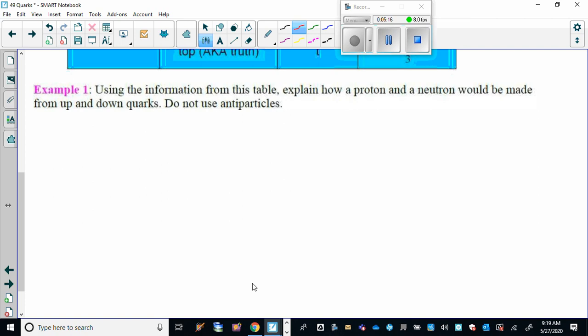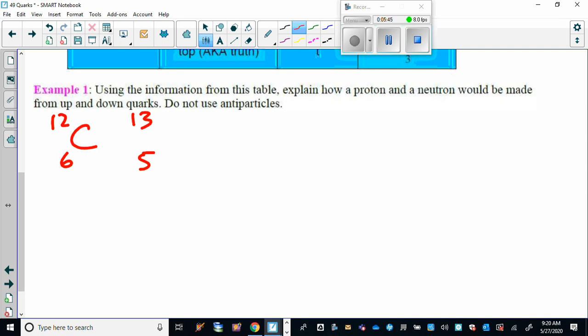For example, if you have carbon 12, and one of the protons becomes a neutron, then the quarks can explain that.